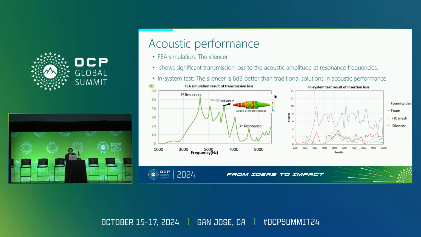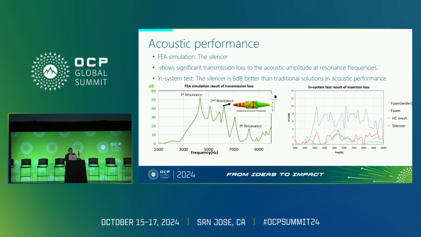Let's proceed with an analysis of the tubular acoustical silencer's performance. Begin with the finite element analysis. Simulation results are presented in the figure at the lower left. The horizontal axis indicates frequency, while the vertical axis represents transmission loss.